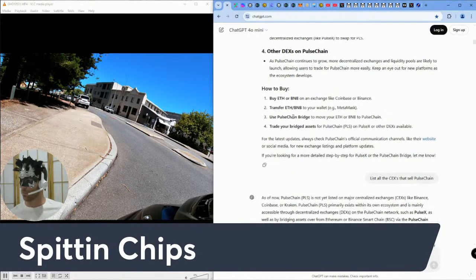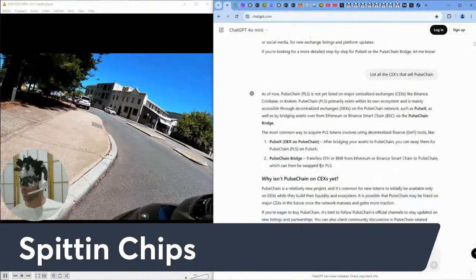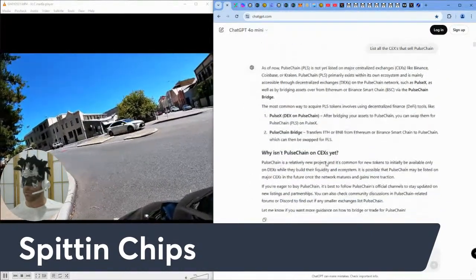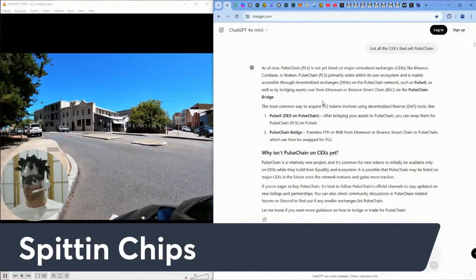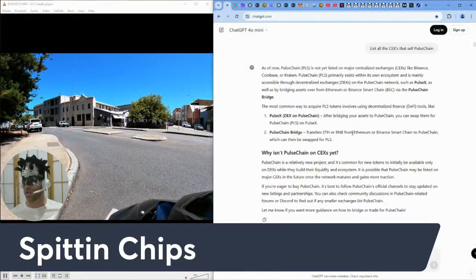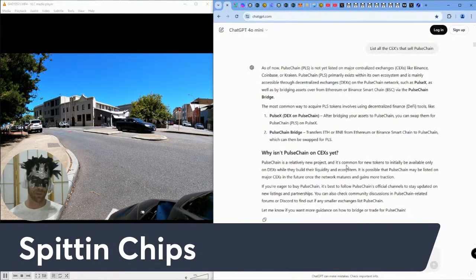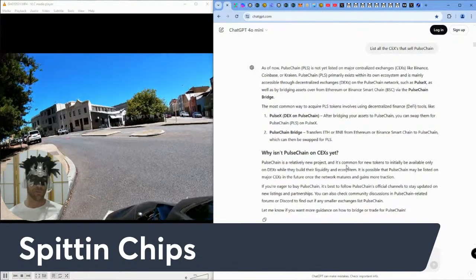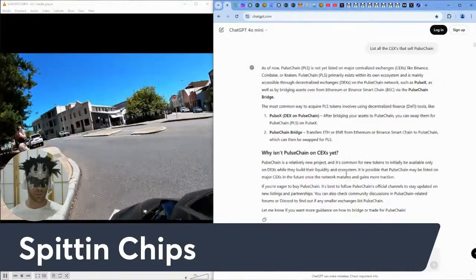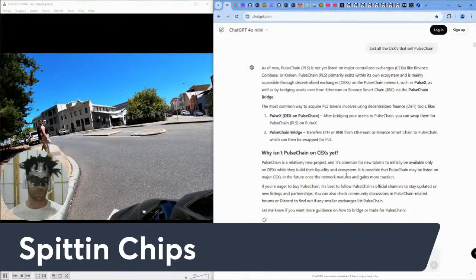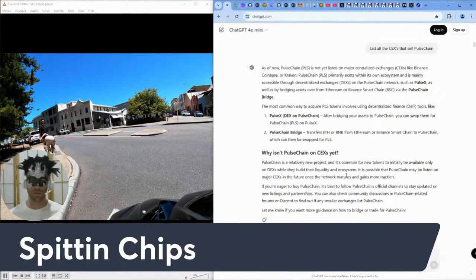Progressing from that, because PulseChain is relatively new, there aren't any centralized exchanges supporting it at the moment. There was, but not now, because of the dilemma Richard Heart is going through, but that's hopefully going to be resolved soon. Then a lot of centralized exchanges are going to start adopting it again because of liquidity and demand.